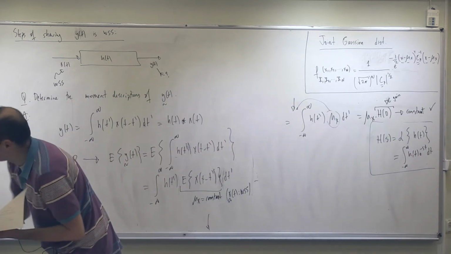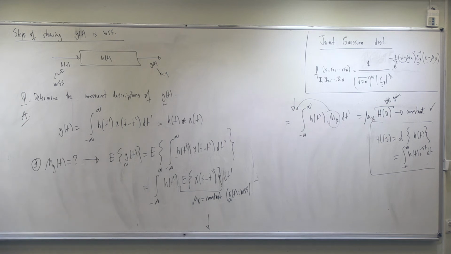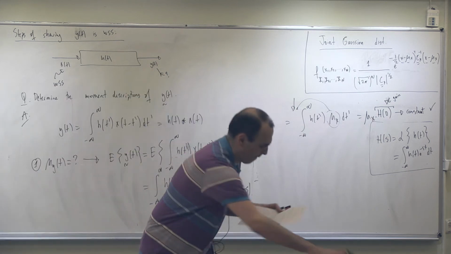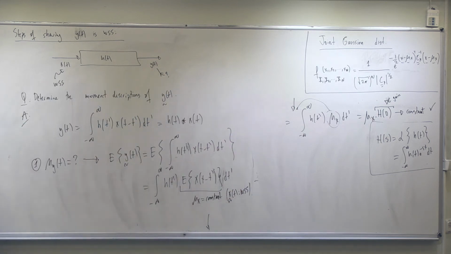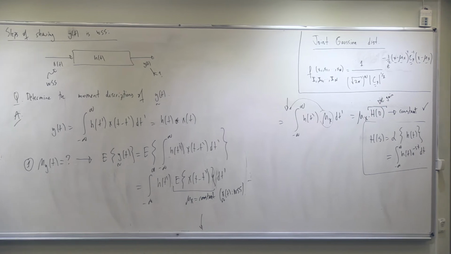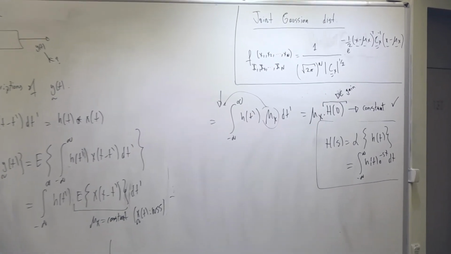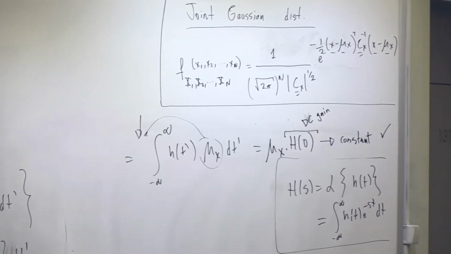Now we need actually more things. Let me use my other eraser. Now the autocorrelation function. Let's focus on the autocorrelation function. I think this wasn't hard, isn't it? This was rather easy.